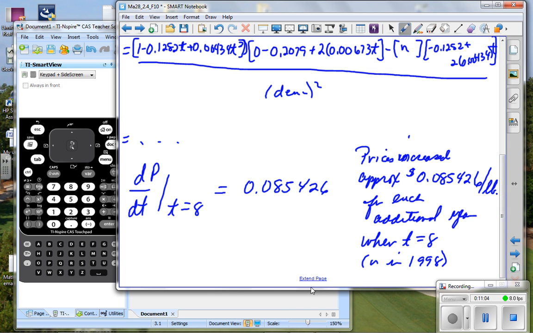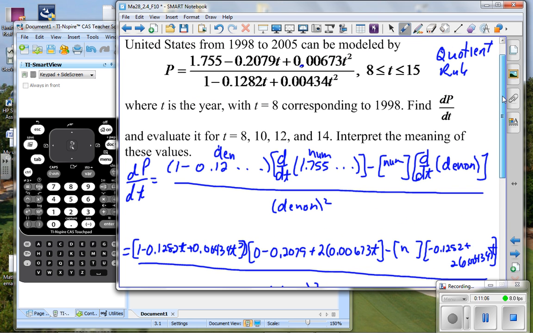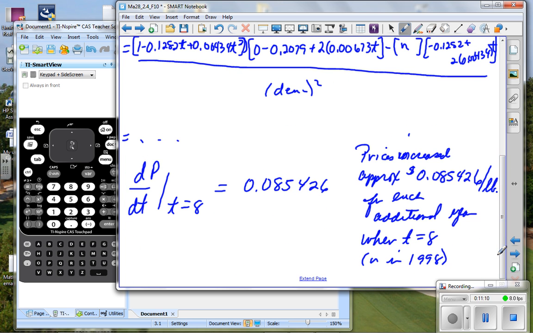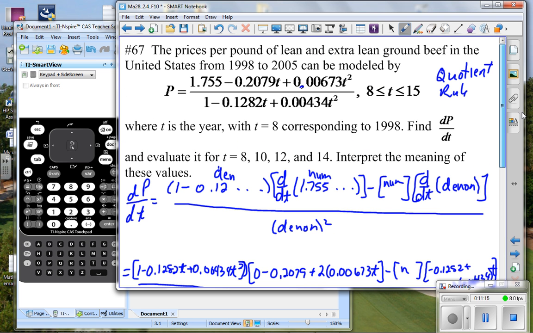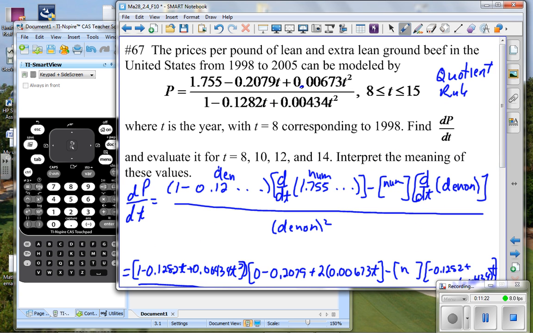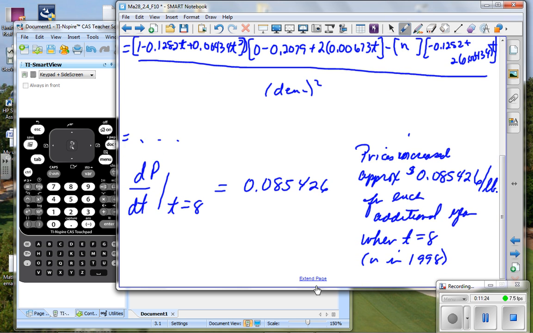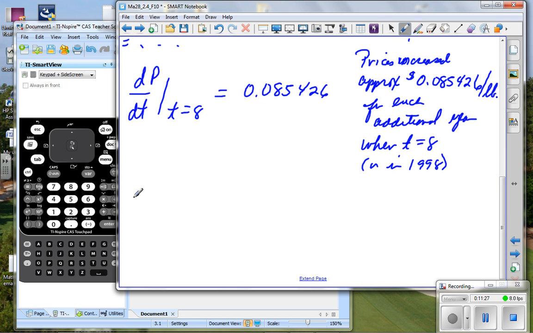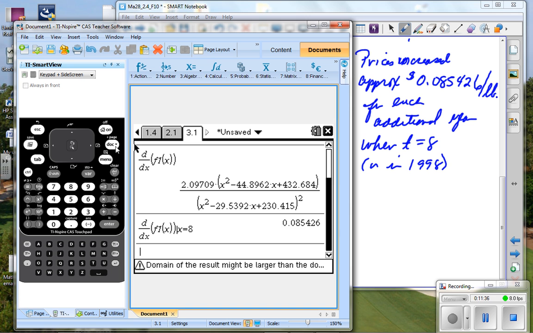How does that compare with, let's just jump to 14, which would be 2004. So in our work here, we'll evaluate this at t equaling 14, and let's go back to our Inspire.